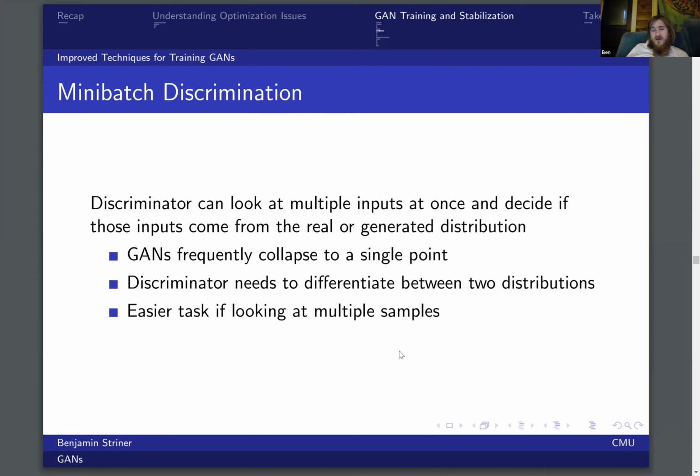But if you're looking at many samples of the GAN and many samples of the real data, you can clearly say, oh, these are the GANs and these are the real data. So modifying your discriminator to take in multiple pieces of data at the same time, your generator is still just outputting one thing at a time. But if your discriminator looks at 2 or 3 real points and 2 or 3 generated points, and then gives you an output about which one's real, which one's fake, and doing the categorization, it could be a much stronger discriminator.